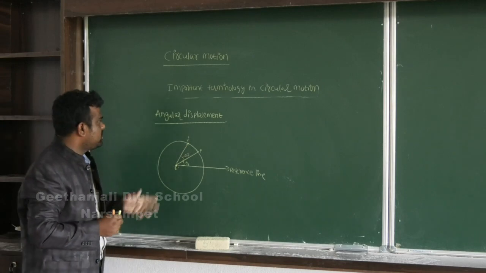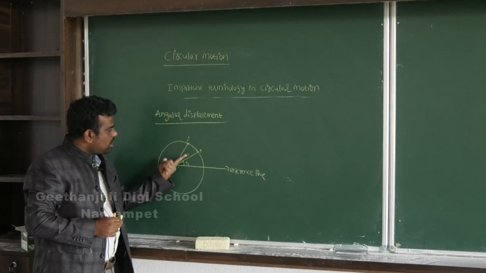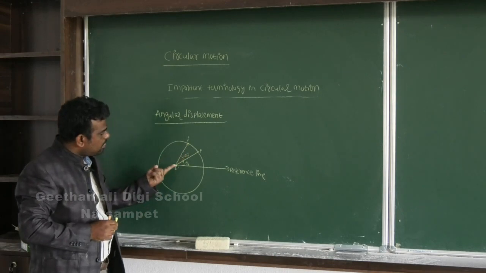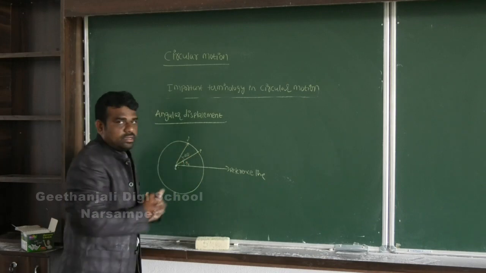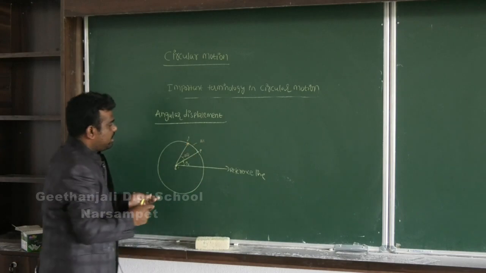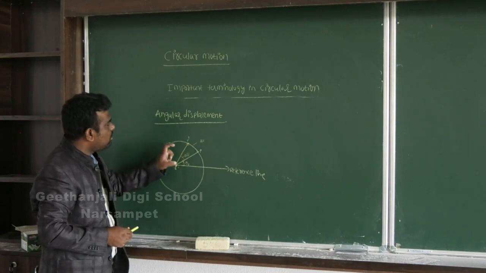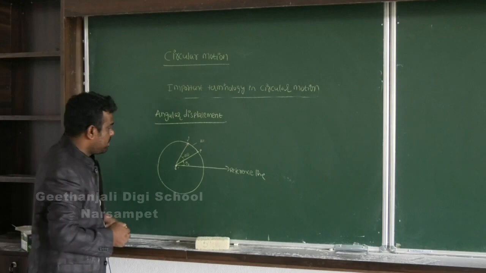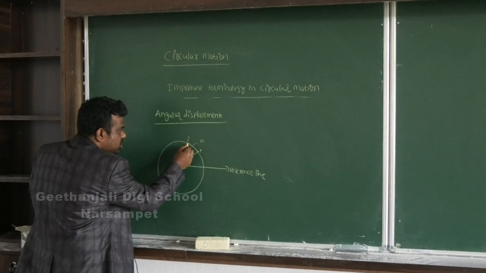Now I can define what is angular displacement. It is nothing but the angle through which this position vector rotates in a given time interval. Suppose if I take a time interval delta t, in this time interval through what angle this position vector is rotating is called angular displacement. So let us write the angular position of P dash.